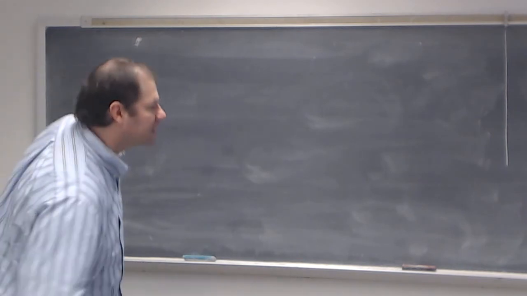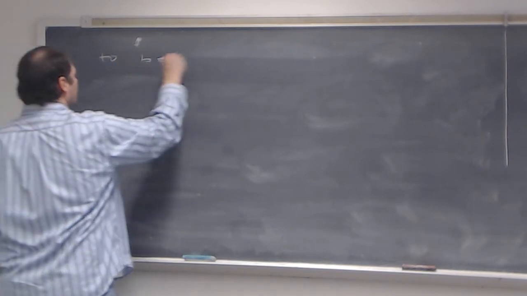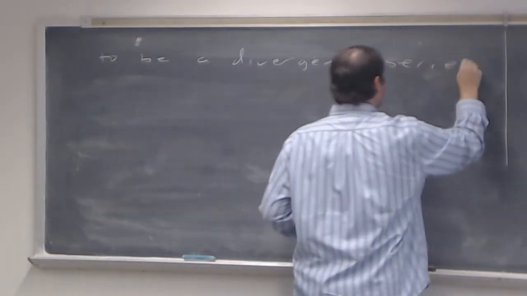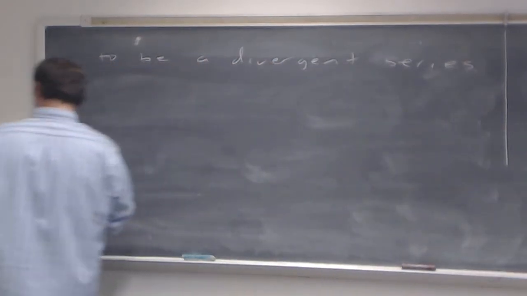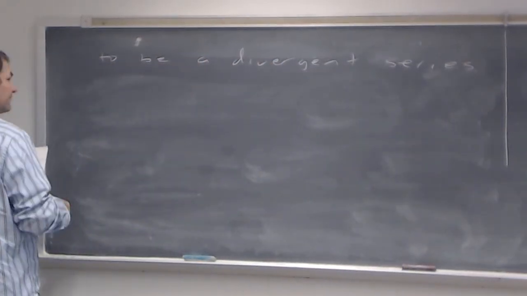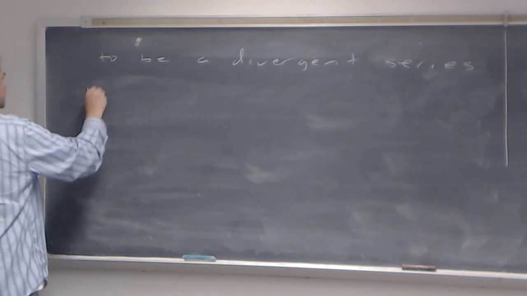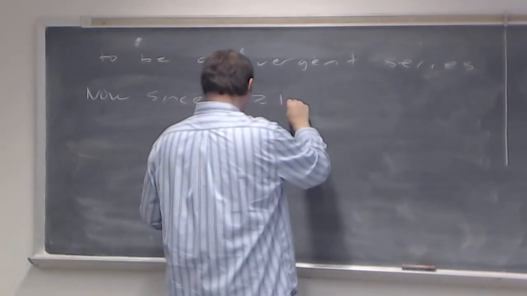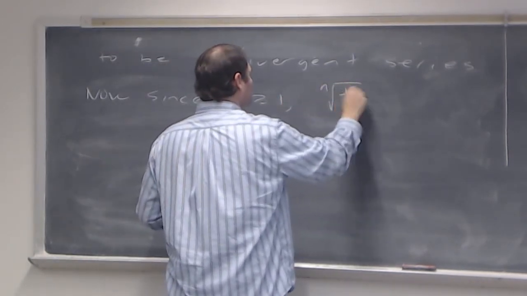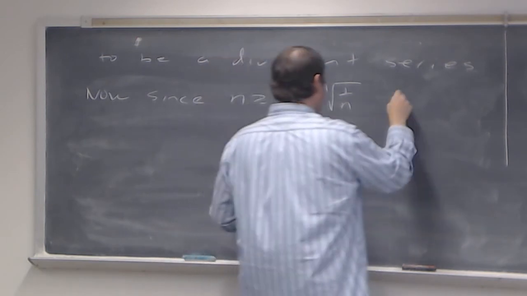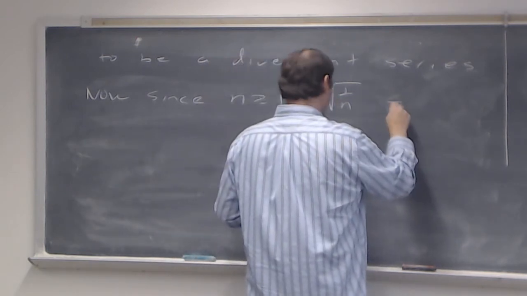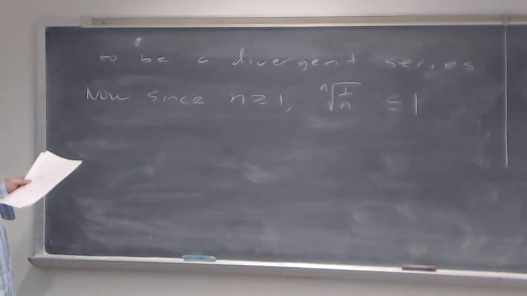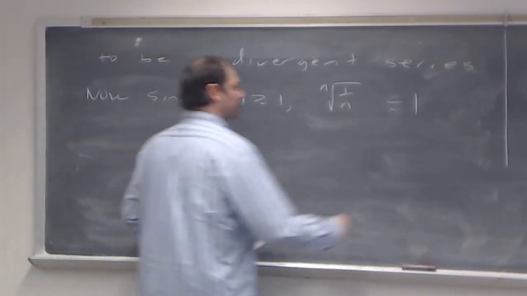Divergent p-series. Now, since n is greater than or equal to 1, the nth root of 1 over n is going to be less than or equal to 1. And that's for all natural numbers.